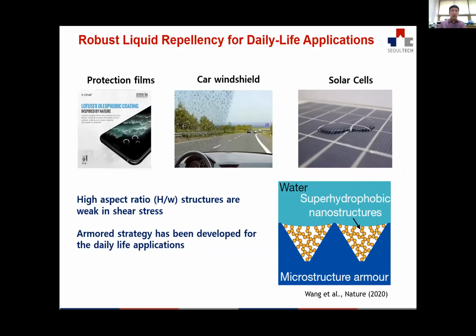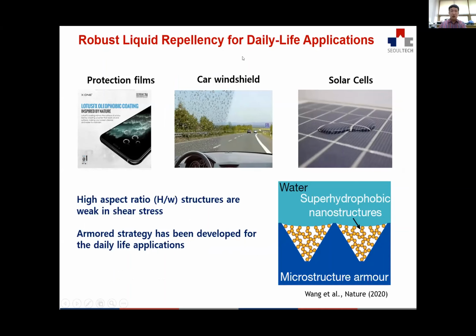For example, we can use liquid repellent structures in daily life applications such as protection films, car windshields, or solar cells. In the case of protection film, we have to rub with our fingers, and if there are some high aspect ratio structures on the surface, they can be broken easily.